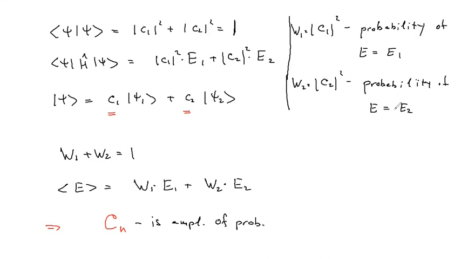Not to have certain energy, yes, but to find your system in state psi1, because state psi1 has certain energy. So Cn will be amplitude of probability for the system to be in the state n, psi n.